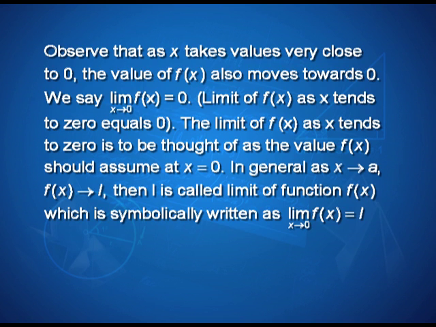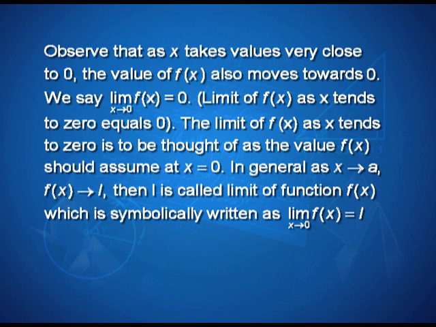Now we observe that as x takes values very close to 0, the value of f of x also moves towards 0. We say the limit of f of x as x tends to 0 is equal to 0. The limit of f of x as x tends to 0 is to be thought of as the value f of x should assume at x is equal to 0.